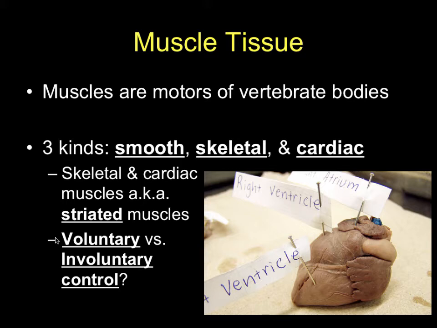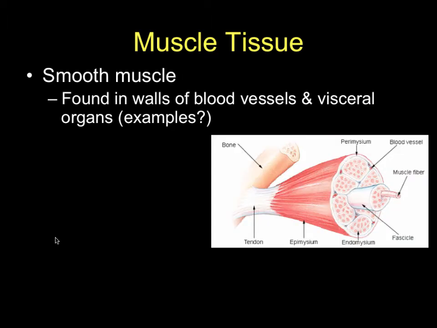Smooth muscle, on the other hand, is non-striated muscle. You do not see those lines or striations or stripes like you would with the other two. In terms of what you can control voluntarily versus involuntarily, only skeletal muscle is a voluntary muscle. The other two types, smooth muscle and cardiac muscle, are both involuntary muscles, and you do not and cannot control them consciously just by thinking about it.